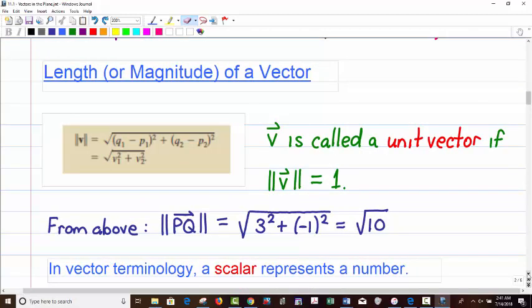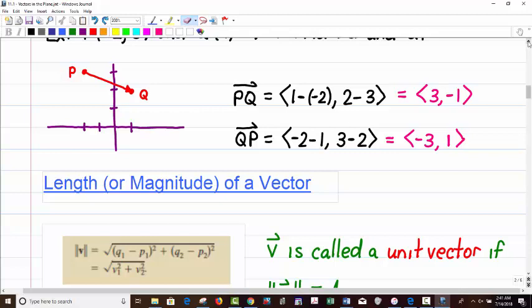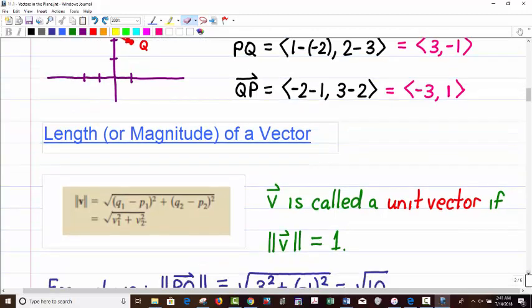Length or magnitude of a vector. This formula comes from two things: the Pythagorean theorem, and also the distance formula between two points. Essentially, if you drew a horizontal line segment and a vertical line segment, it would be the hypotenuse of the right triangle formed by those components.